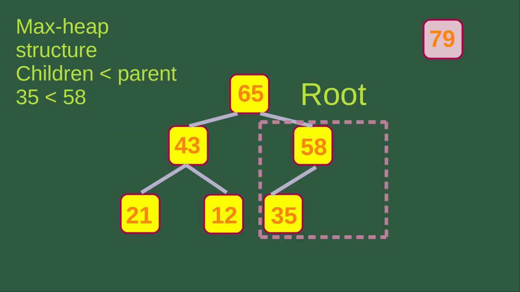Then we check another subtree following the top to bottom and left to right order. So for this subtree, we see that the children is smaller than the parent. So 35 is smaller than 58. In this case, the max heap structure is maintained.